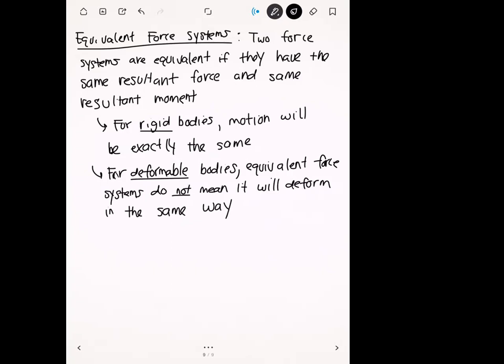Because remember, the resultant force is just the sum of all the different forces that are acting on it. But you might have a situation like this.